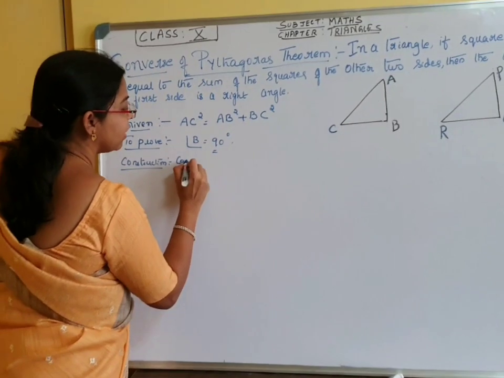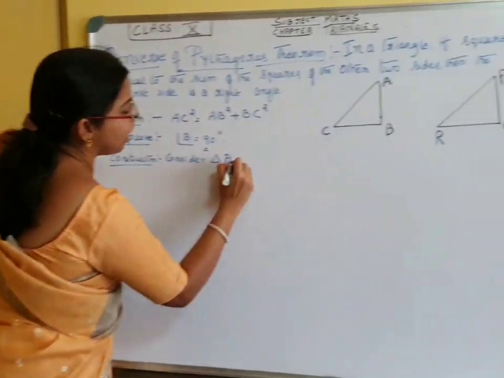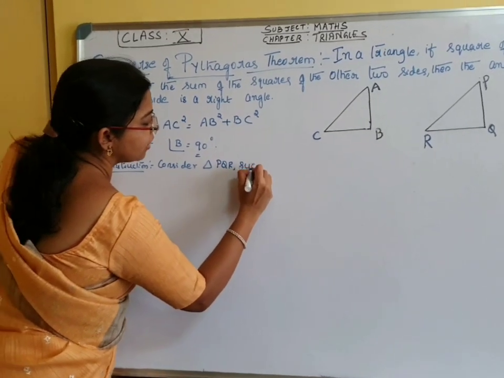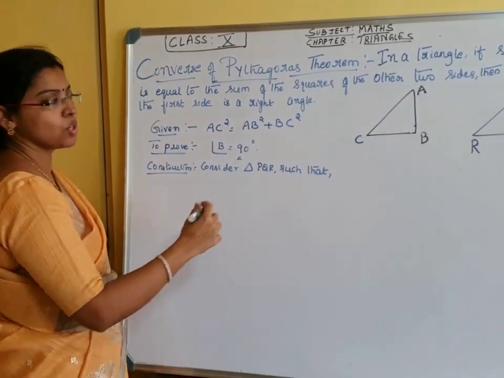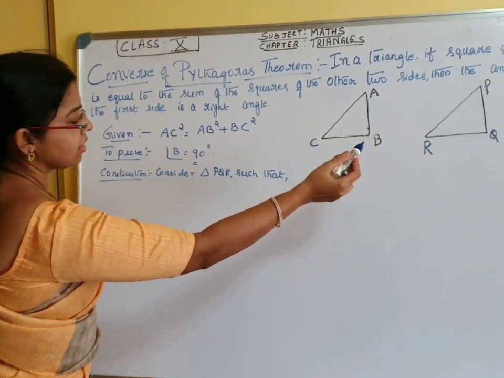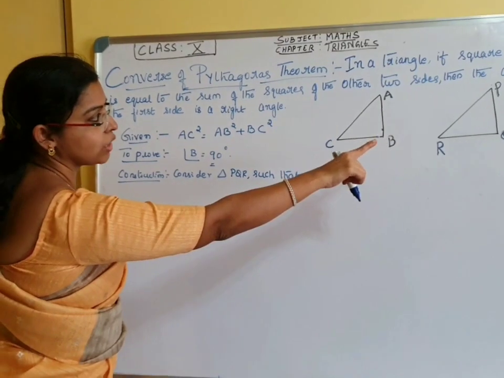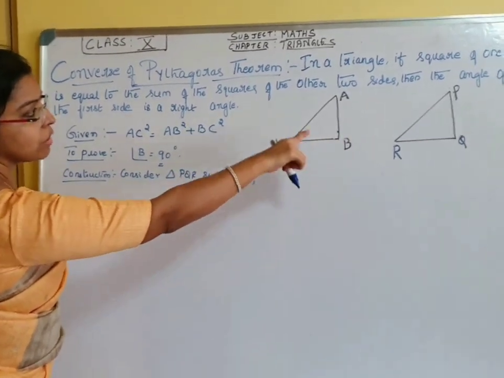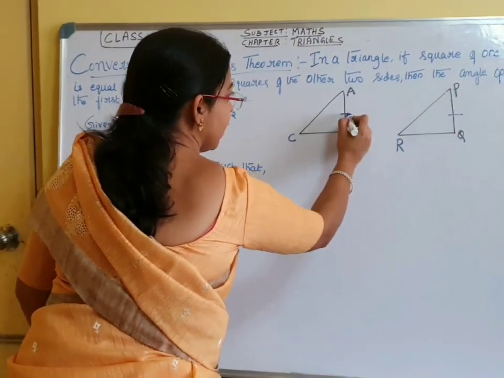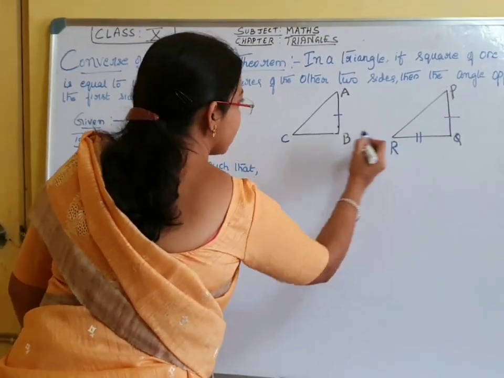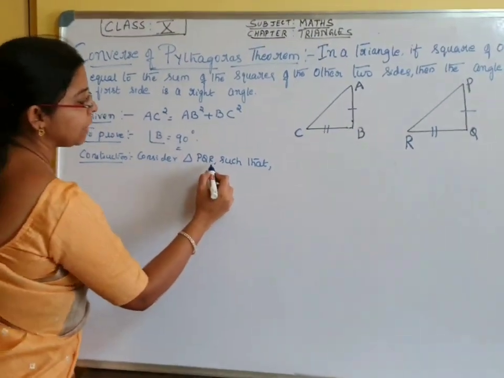Consider another triangle PQR such that angle Q is 90 degrees, PQ is equal to AB, and QR is equal to BC. This is a construction that we are doing.